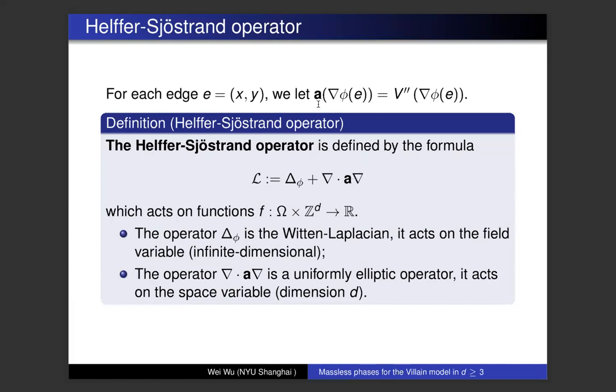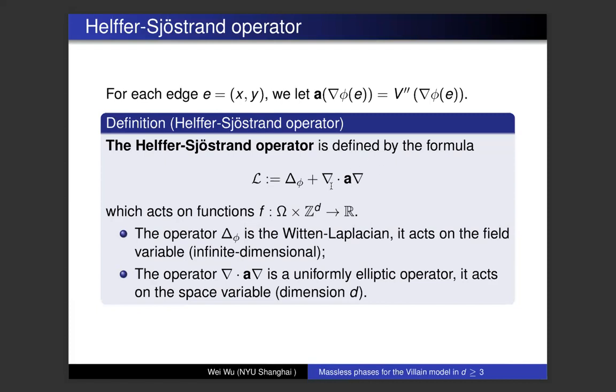And then this A is going to be given by the second derivative of your potential, right? So in particular, when we have the assumption that V is uniformly convex, then this one is an ordinary uniformly elliptic operator in Z^d.